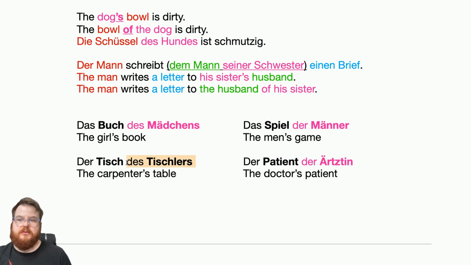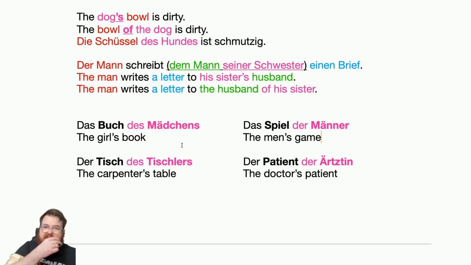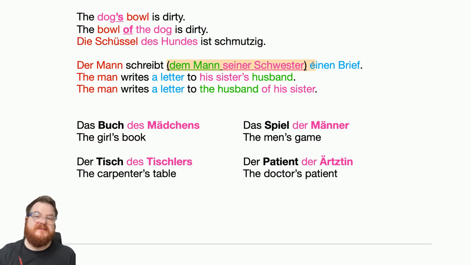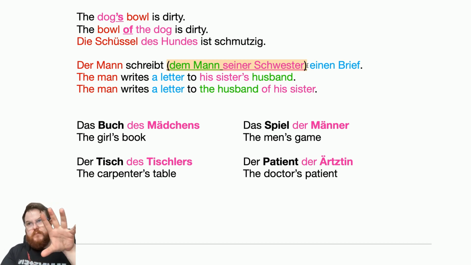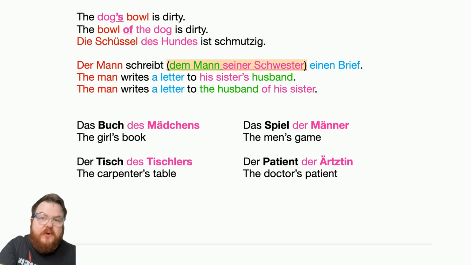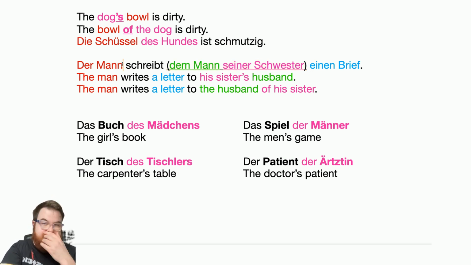Okay. So in our example sentence, the genitive is with a dative noun. So it comes in this position. But we could have also had a genitive bit connected to the nominative.